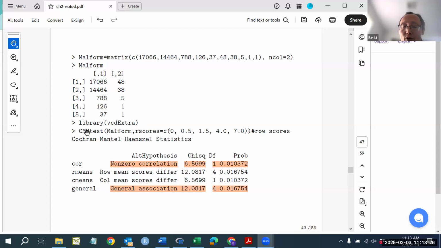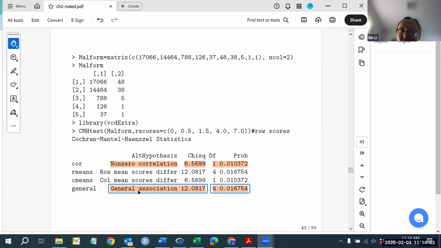This function is in the vcdExtra library in R. You run the test I highlighted, and that gives you the M-squared value with degrees of freedom 1, and the p-value. But this p-value is two-sided. If it's one-sided, you need to divide it by 2.